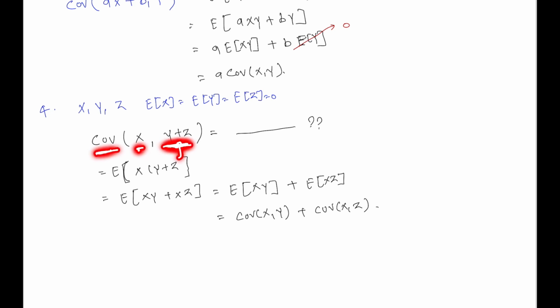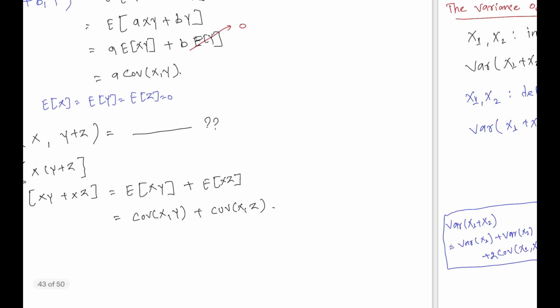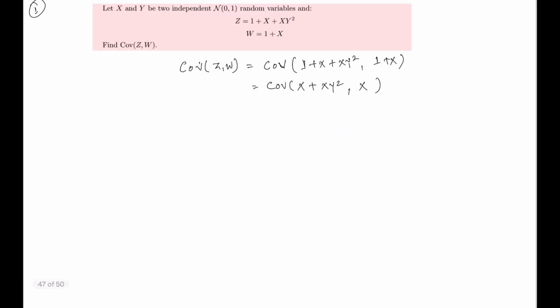So covariance of x and y plus covariance of x and z, right? And this will be true again for any general case. Just to see the property we made this simplification, but it will be true for any general case.